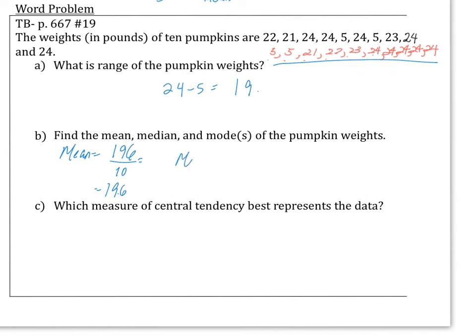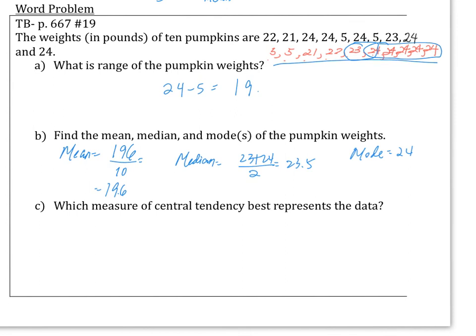And then you have the median. Since there are two middle values, you need to take the two numbers in the middle, which are 23 and 24, and you divide by 2. You're going to take the average of the two middle values, and that makes 23.5. And the mode will be 24 because it occurs the most number of times.